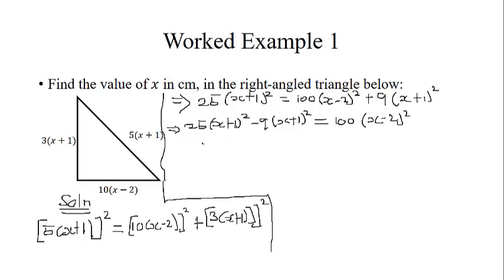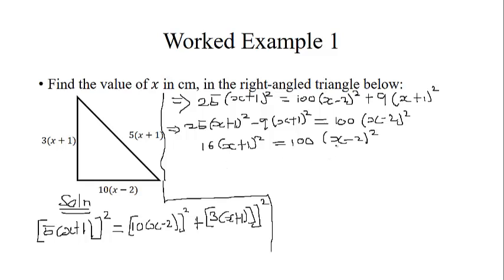Now this will give us 16 into bracket x plus 1 all squared is equal to 100 into bracket x minus 2 all squared.